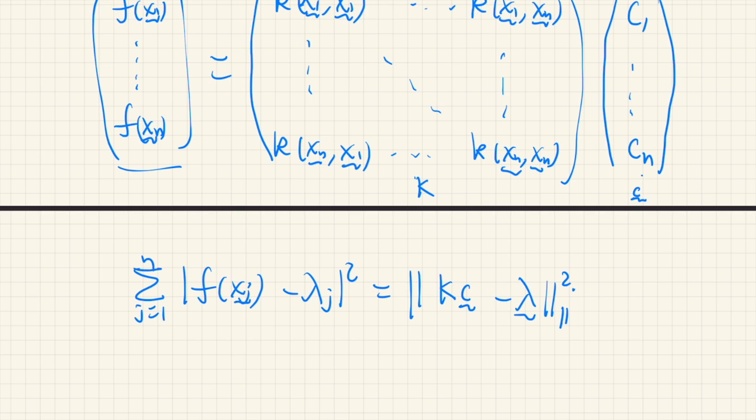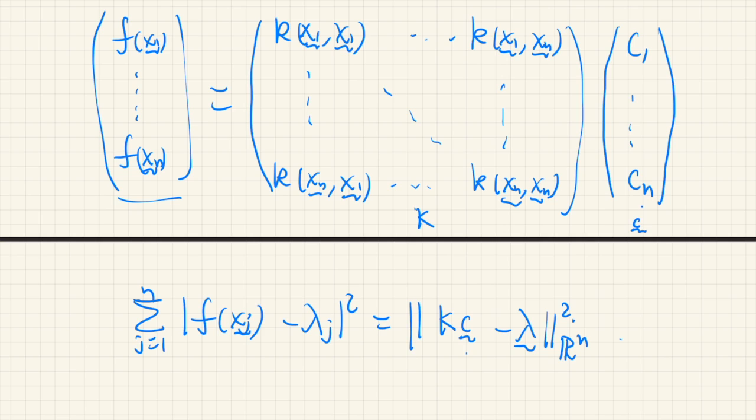So this is a norm in n-dimensional vector space. And now this lambda is a given vector, and this K is a matrix constructed from a given data set. And the only unknown is this c. So this is just an ordinary linear regression problem which can be solved by the least squares method.